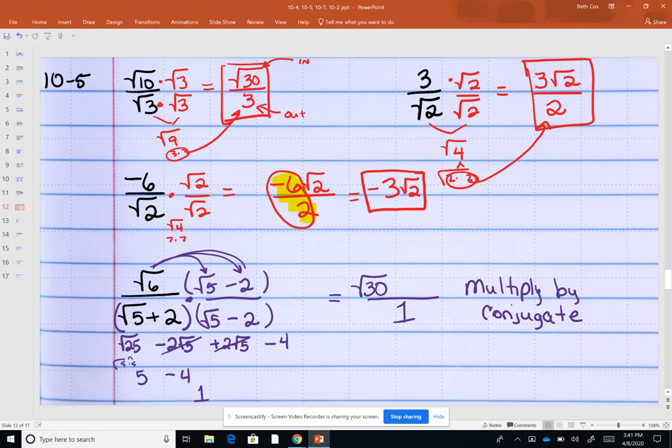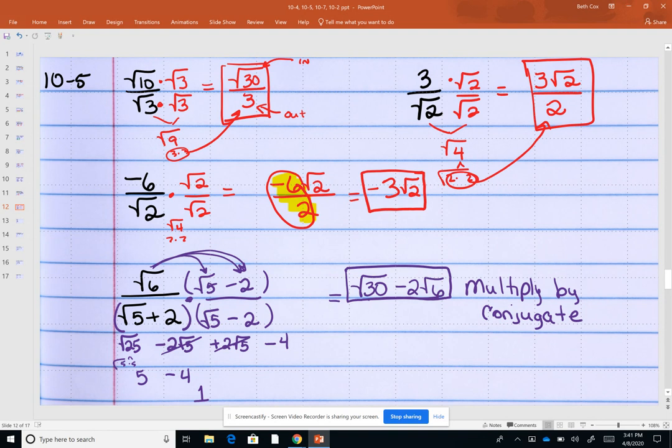And then the square root of 6 times that negative 2 is just a negative 2 square root of 6. Now I cannot simplify either one of those. The square root of 6 nor the square root of 30, can they be simplified? I don't need the 1, so there it goes. That's my final answer on this one.